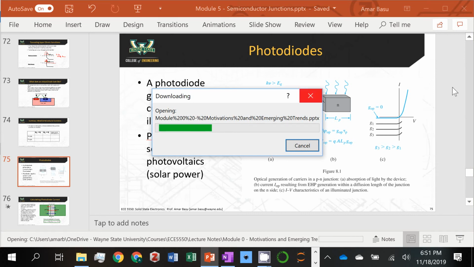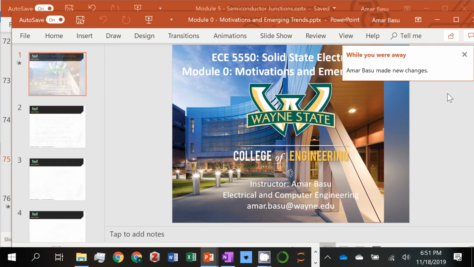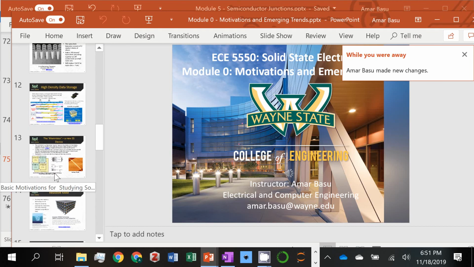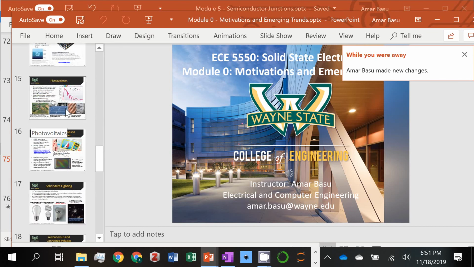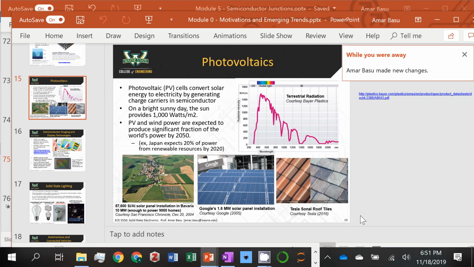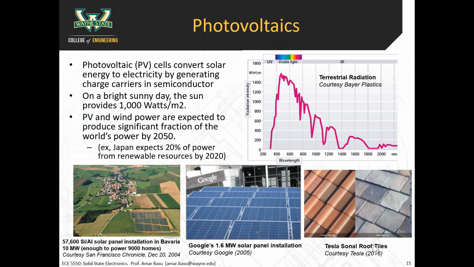All right. Well, while we're waiting for that to download, I guess it did. This is the slide I showed on one of the first days of class, and this is a photovoltaic, right? This slide talks about the importance of photovoltaics.